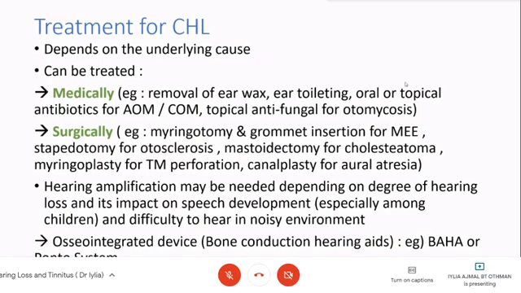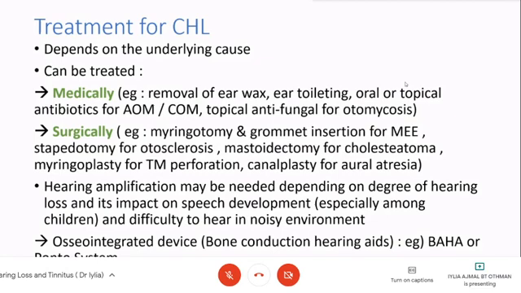Okay. Aural atresia is a congenital stenosis or obstruction of the external ear canal. Sometimes we also subject the patient for canalplasty. So we create a canal or we widen the canal of the external ear canal. But this is rarely done.